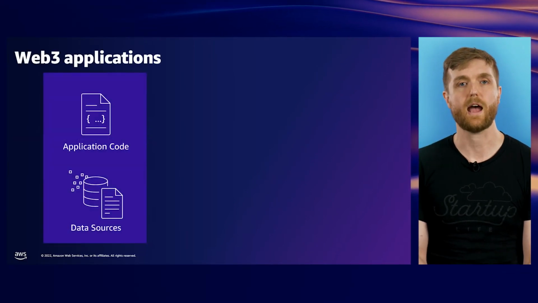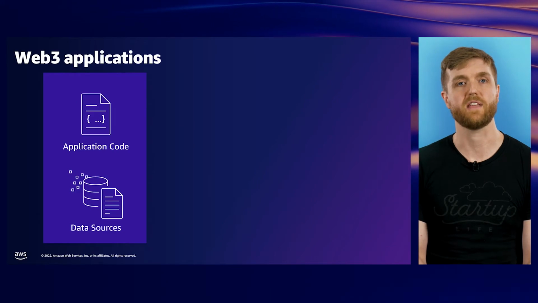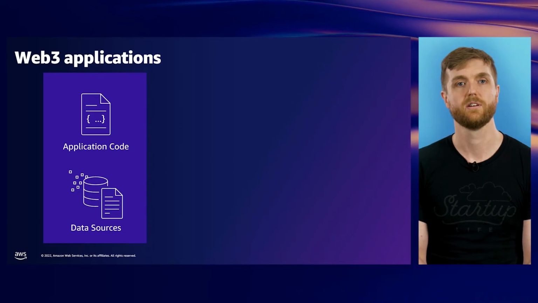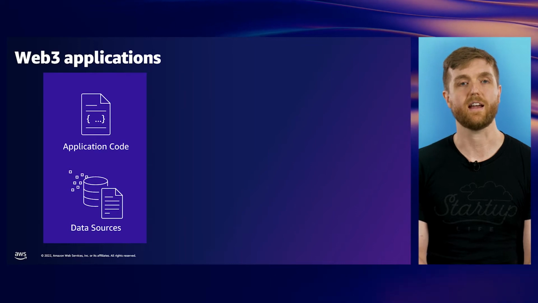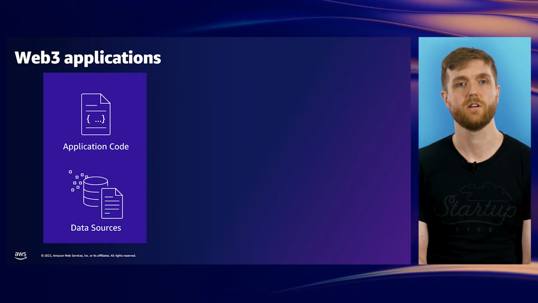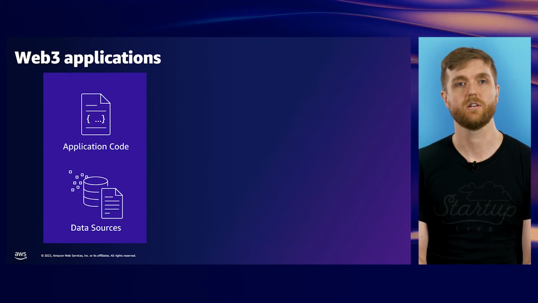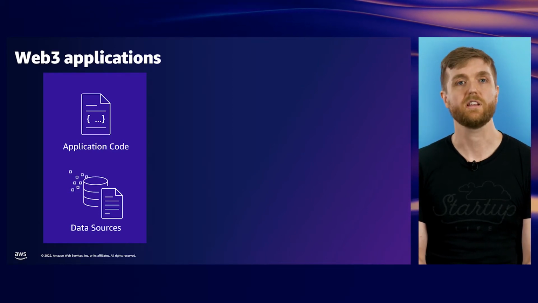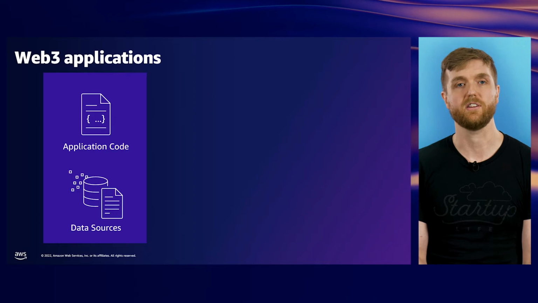How do Web3 applications differ from standard web applications? If we take a very, very high-level look at the parts of a web application, we have application code and data, which live on servers operated by a single custodian.